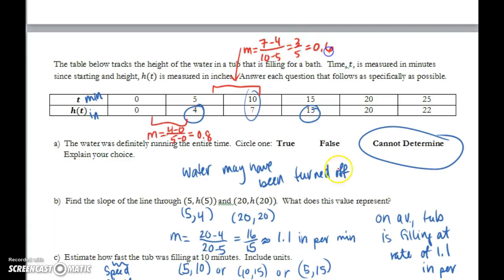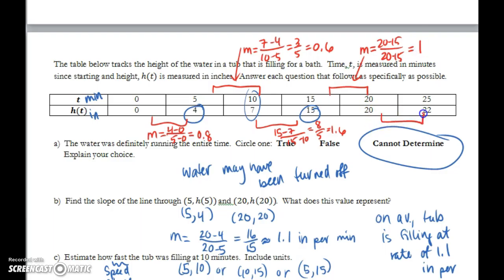which is 0.6. The next interval from 10 to 15 is 15 minus 7 over 15 minus 10, so that's 8 over 5, which is 1.6. Our next interval from 15 to 20, find the slope, so do change in y over change in x, and that slope is 1.